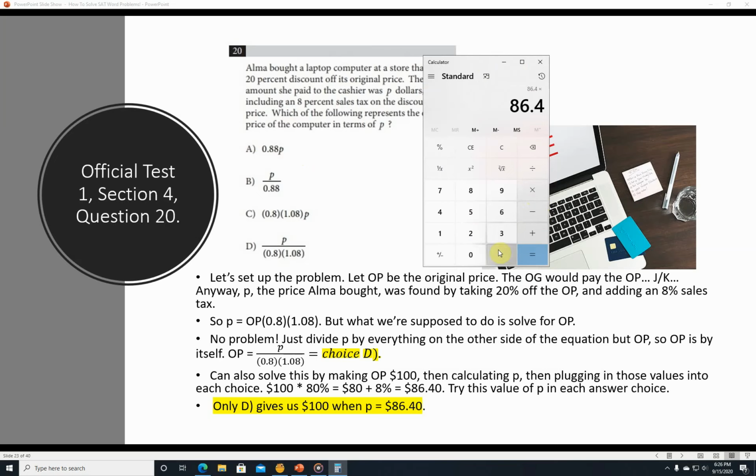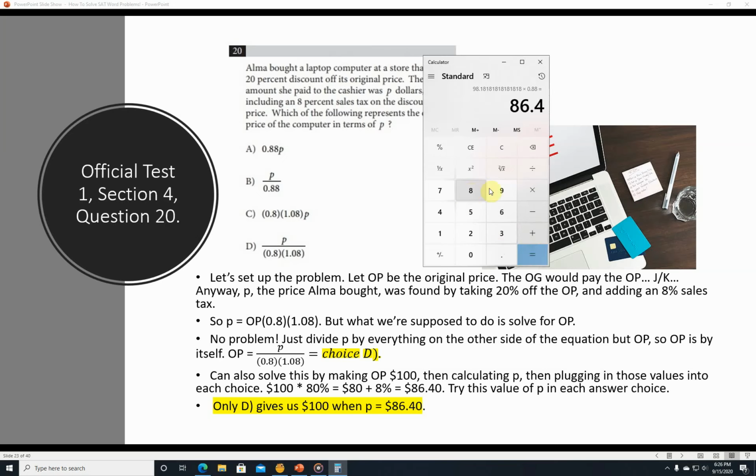86.4 times 0.88. No, that's not it. So we can divide by 0.88 to get back to where we started, 86.4. So P over 0.88, that's 98, pretty close, but not close enough.